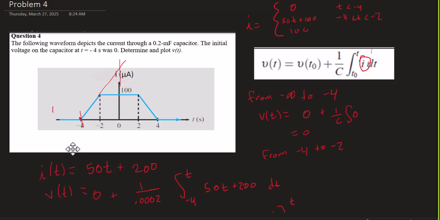It is 200 for t between negative 2 and positive 2. It is negative 50t plus 200 for t between 2 and 4. And it is 0 for t greater than 4. So it's 200, it's not 100.